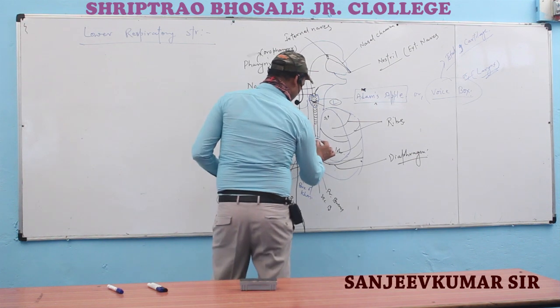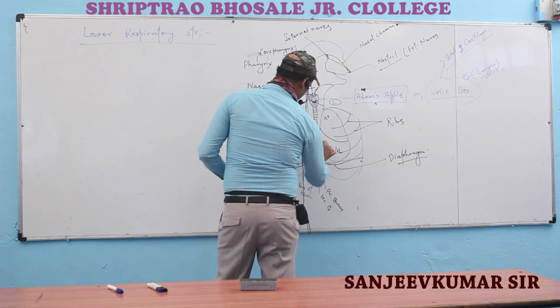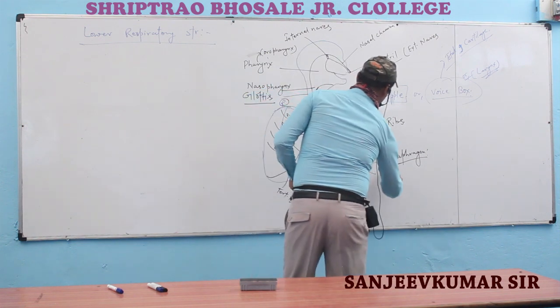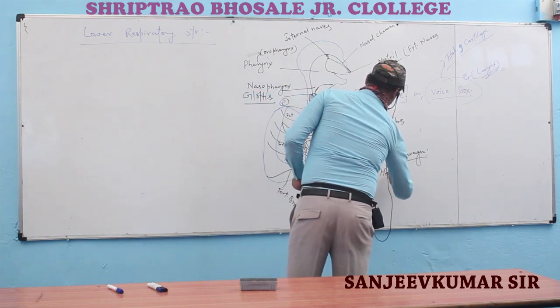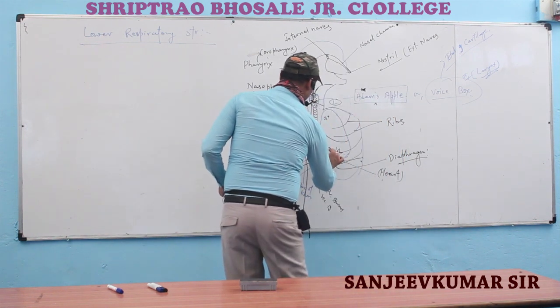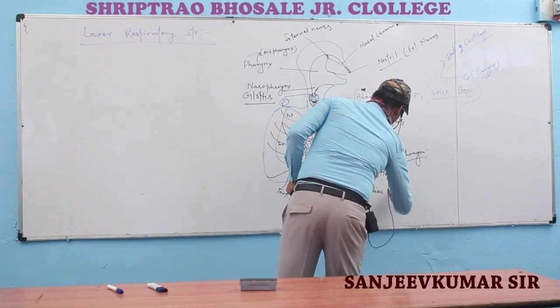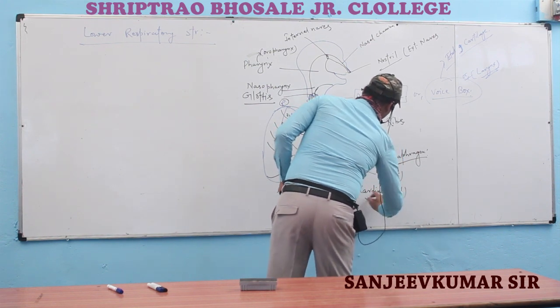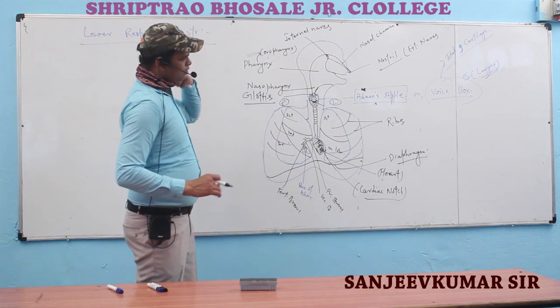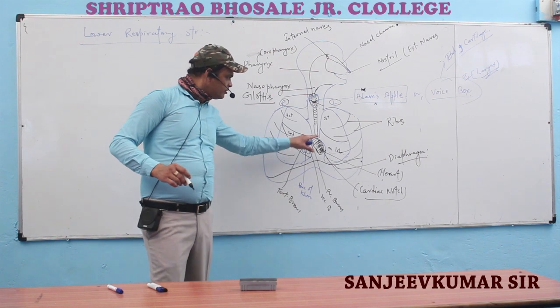Here is the place of the heart, and this is the cardiac notch. So this is the basic structure of the lungs, or you can say the respiratory tube.